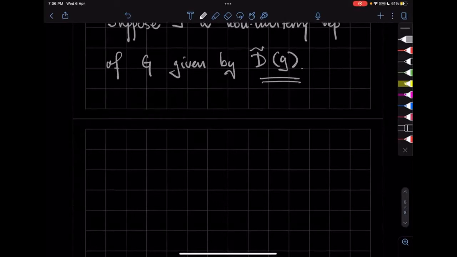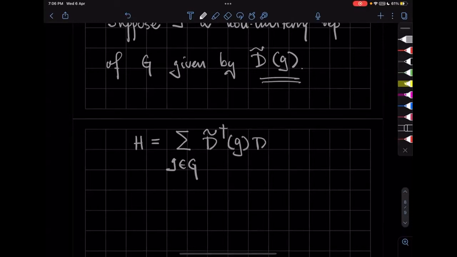Okay. So let's consider an object which we call H, and H is going to be the sum over all the group elements of d tilde dagger of G, d tilde of G. Okay.